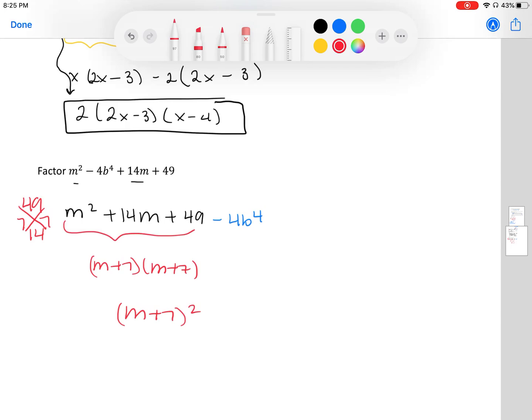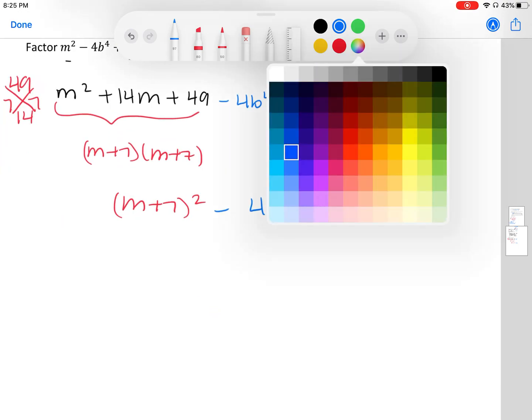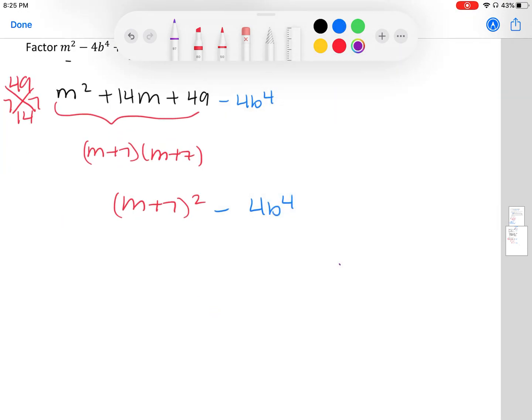Okay, so now I have m minus 7 squared minus 4b to the fourth power. Can I factor this? Well, yeah, we can think of this as a difference of squares, so that I can think of this as something squared and this as something squared.